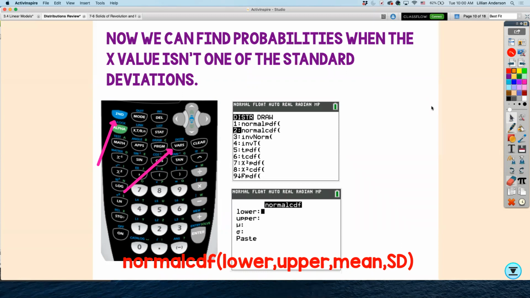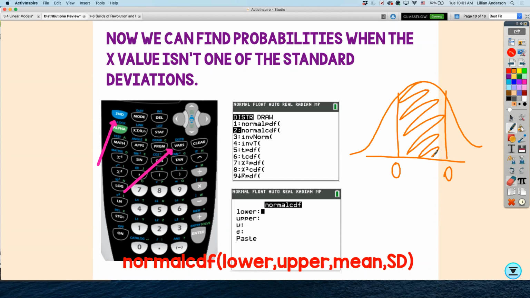We never use normal PDF. Remember, binomial PDF means an exact value, like one value. CDF represented a range. When we were dealing with normal distributions, we were talking about the area from one value to another value. So it was always a range. So we always use normal CDF. Remember, CDF deals with a range. PDF deals with it being exact. So that's why we always use normal CDF.